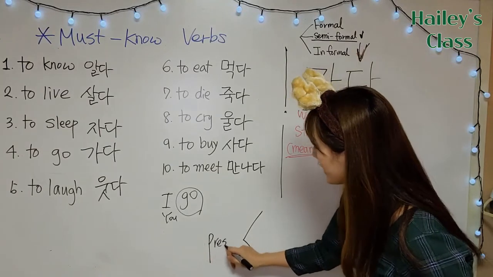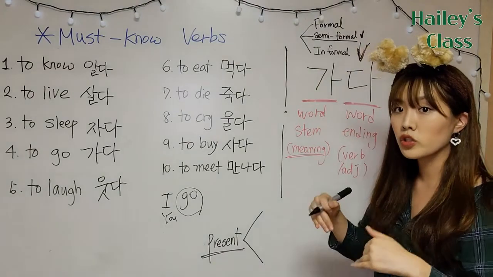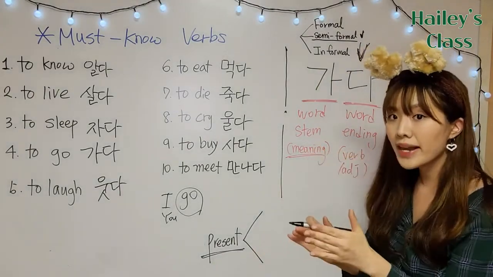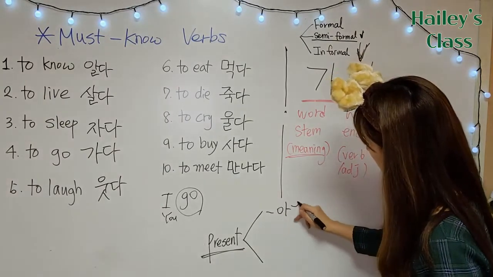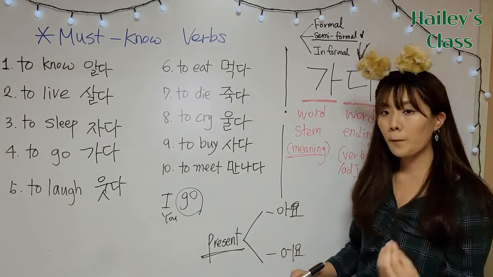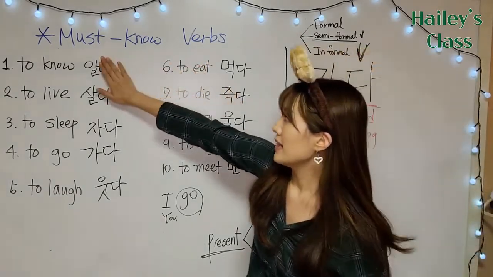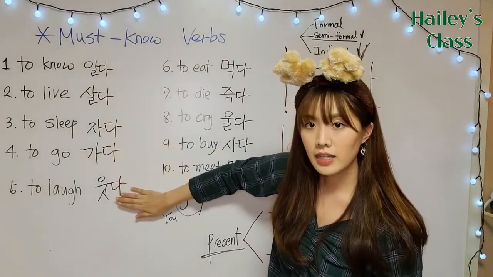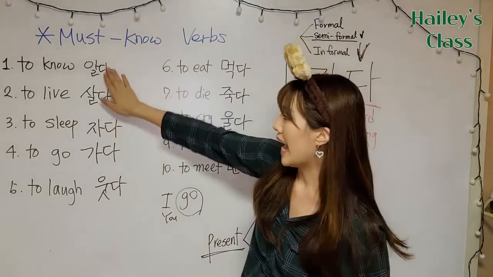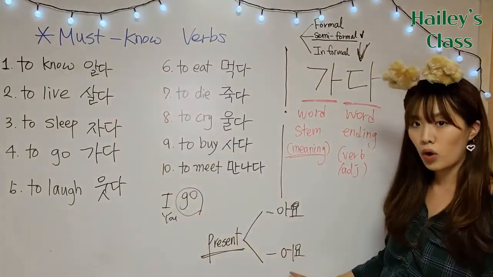So this is the present form. Right now, not past and not future. It's the present form. We're going to put 아요 or 어요 in the 다 part. So we delete 다 and use 아요 or 어요.